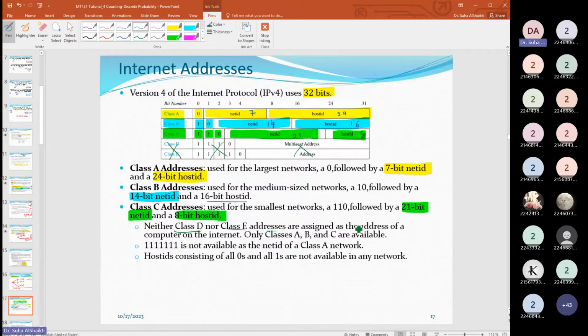We are only using class A, class B and class C. Moreover, we have restrictions. It says that 1111111 is not available as a net ID for class A. That means the net ID with 7 places cannot be all ones. Also, the host ID for class A, class B and class C cannot be all zeros and cannot be all ones. It is not available for any network.